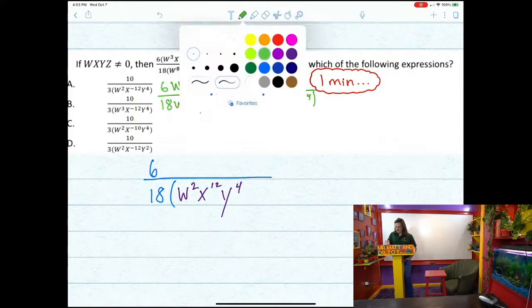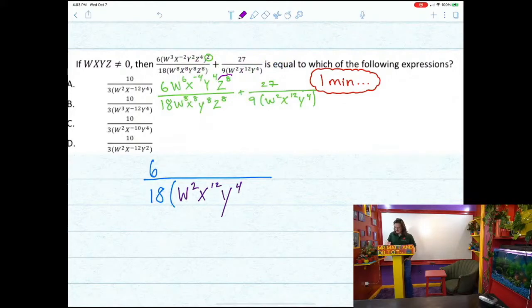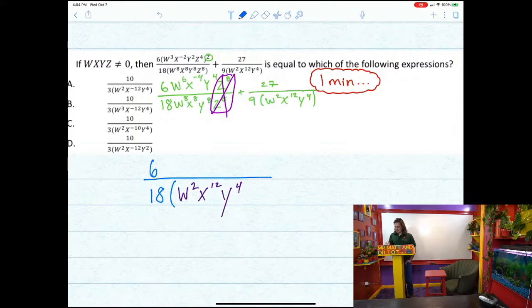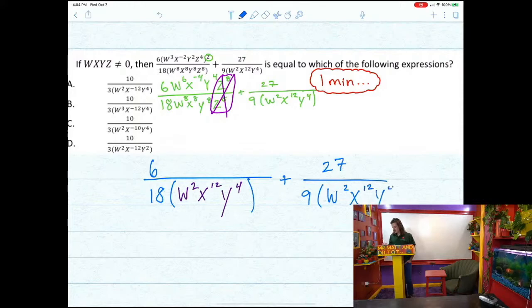And notice that the z's cancel directly because we have z to the 8th over z to the 8th. That's why you don't see a z value in the second fraction. So now we have plus 27 over 9 times w squared, x to the 12th, y to the 4th. Now they look a little bit more similar to each other.